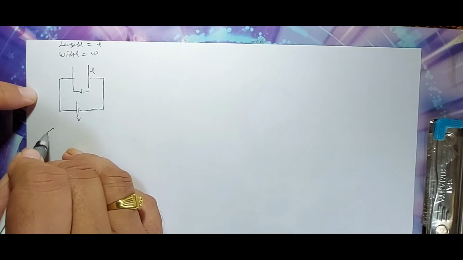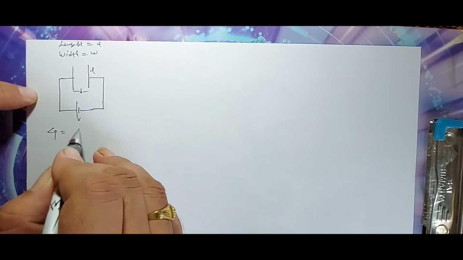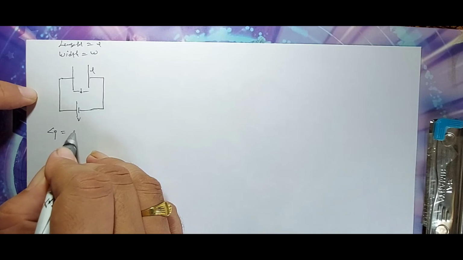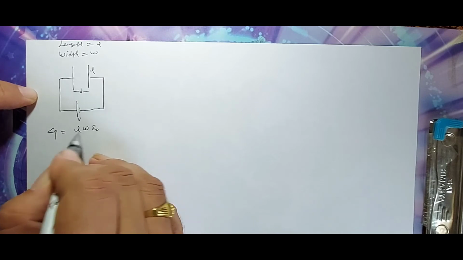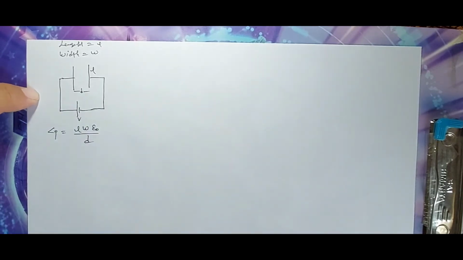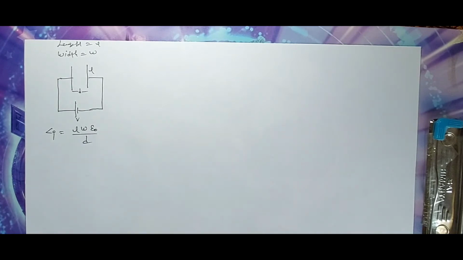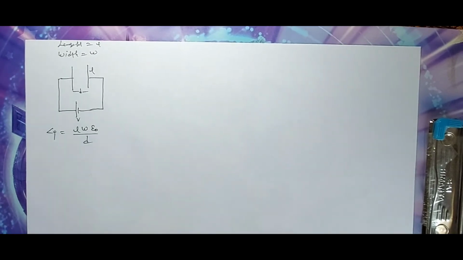Now, the initial capacity of this parallel plate capacitor is L into W epsilon naught by D, that is area A into epsilon naught by D, where area means length into width.